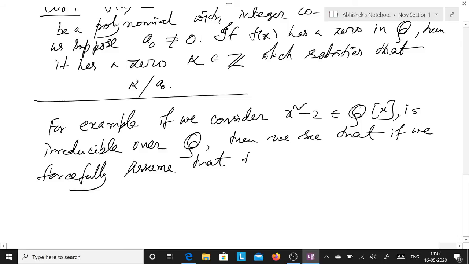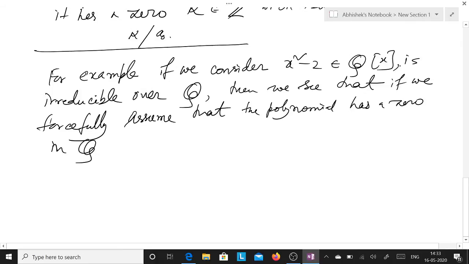Assume that the polynomial has a 0 in Q, in the field of rationals. Then by the above corollary, it must have a 0 in the ring of integers.